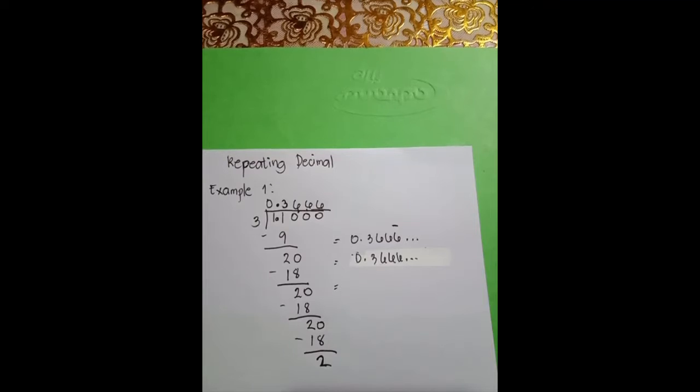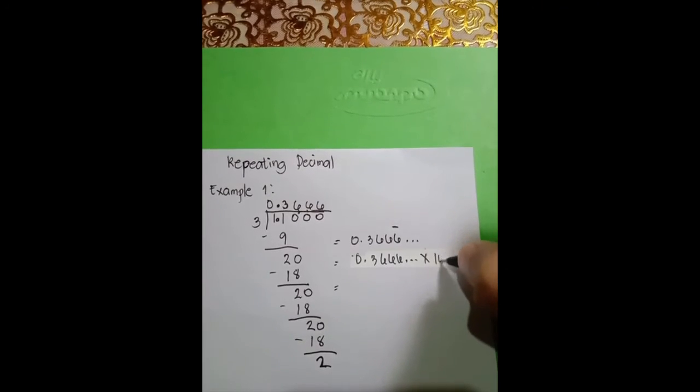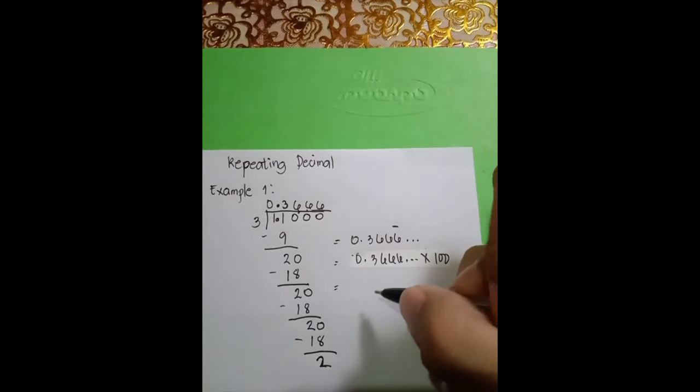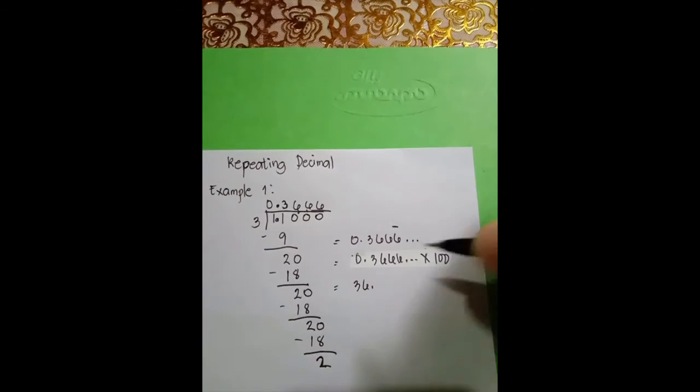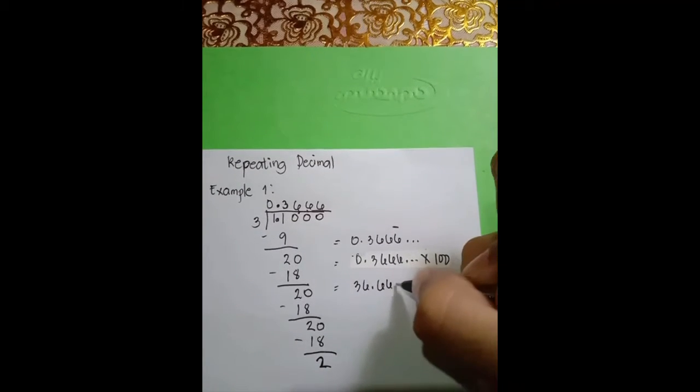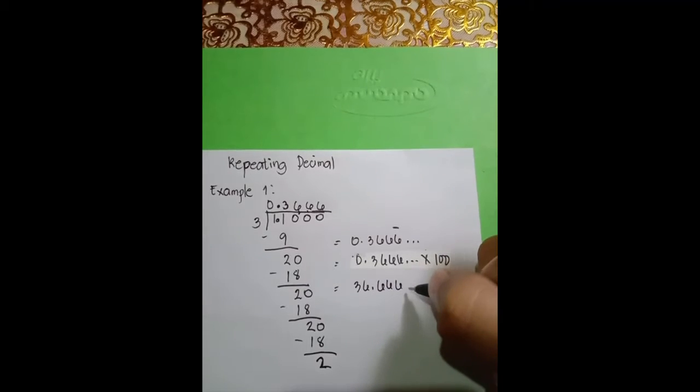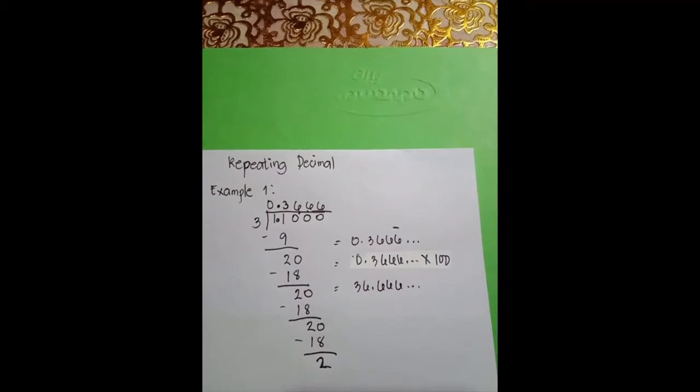It is endless. Therefore, when we multiply it by 100 or 100%, we will have 36 and 6, 6, 6 repeated decimals.